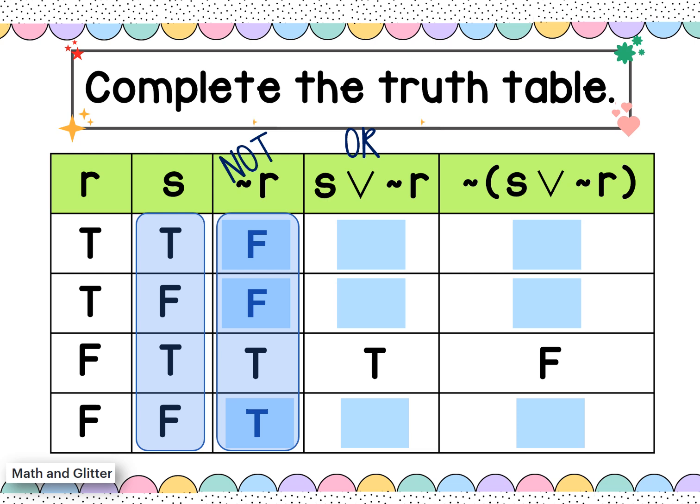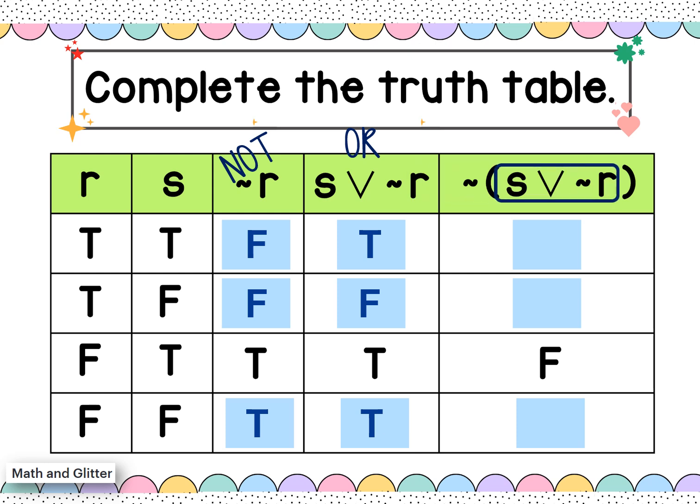At least one true to be true. So the first row, true. False on that one. Already have that true. The last one's true. We're taking this whole thing and negating it. So that column right here, we just have to flip the switch. Whatever's true becomes false, and whatever's false becomes true.